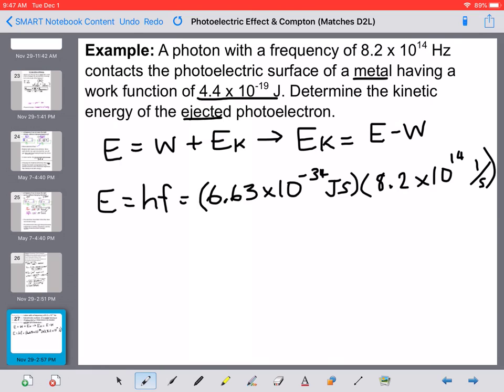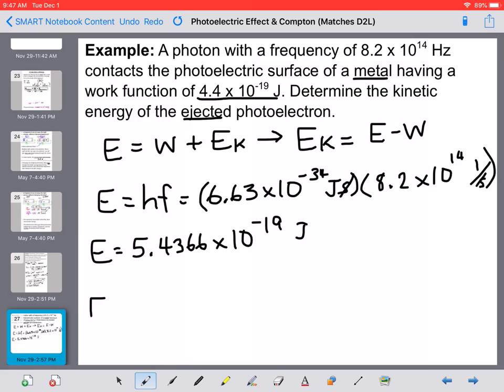So the seconds cancel out, leaving me with something in joules. So I'm just going to calculate what it is. 6.63 times 10 to the negative 34 times 8.2 times 10 to the 14. This tells me that the energy for one single photon is 5.4366 times 10 to the power of negative 19 joules.